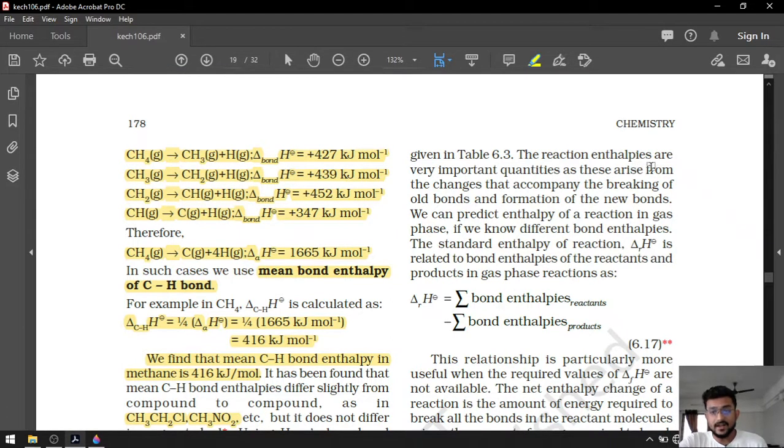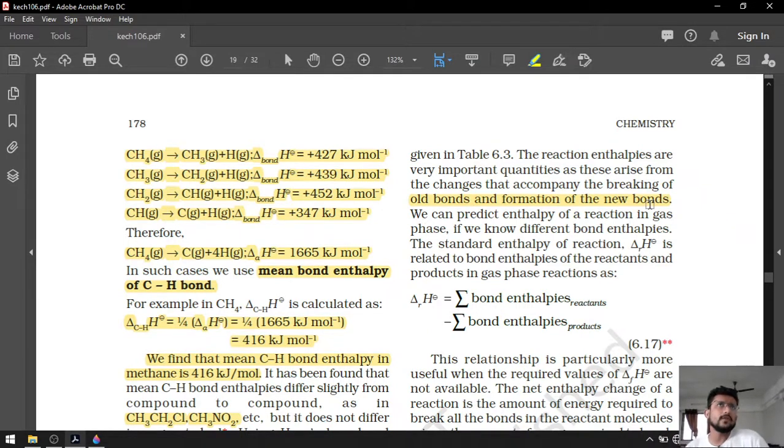The reaction enthalpies are very important quantities as these arise from the changes that accompany the breaking of old bonds and formation of new bonds. That's why in the reaction enthalpy we can use bond enthalpy, right? What was the formula for reaction enthalpy?